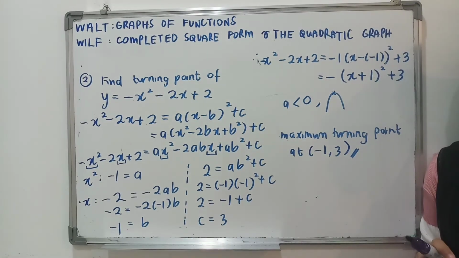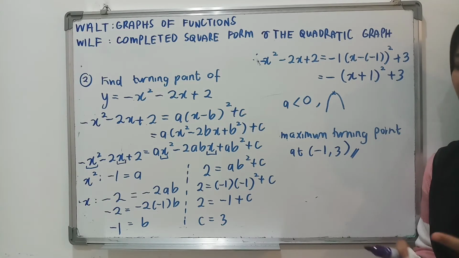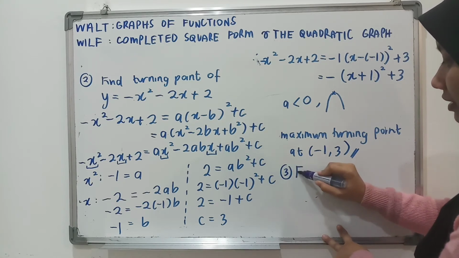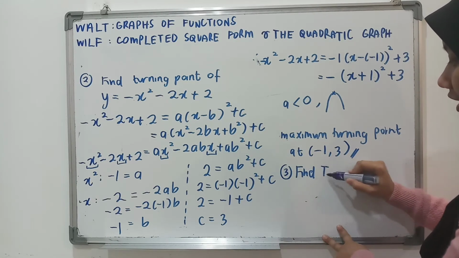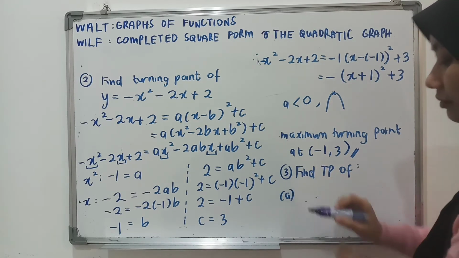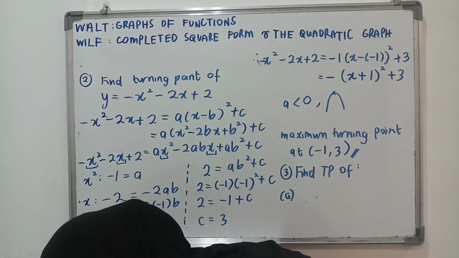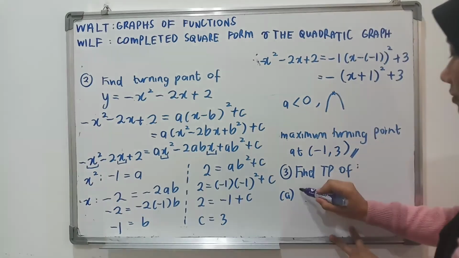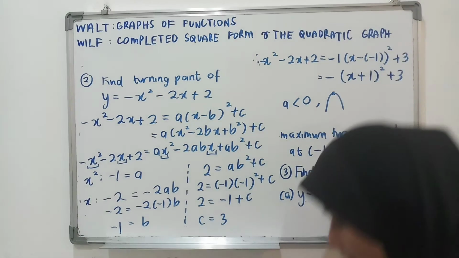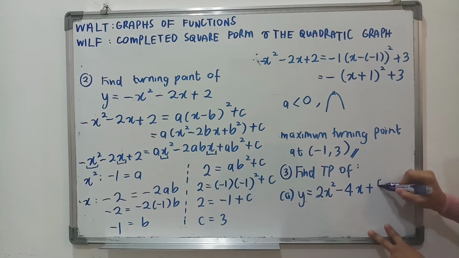Okay, settle. So I want you to do 2 questions. So these are the questions. Question number 3. Find the turning point of, first question, y equals 2x squared minus 4x plus 5.